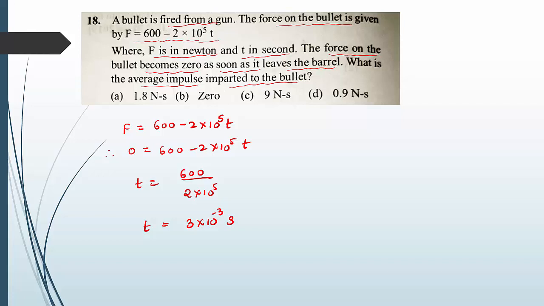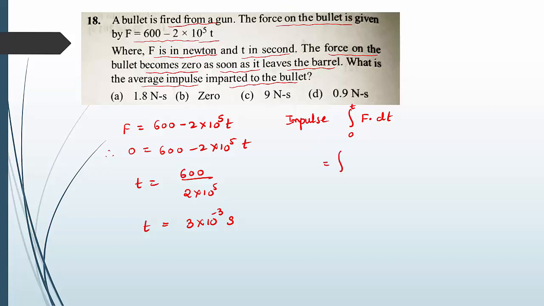But I want impulse. Impulse means force into time. Because of the variable force, I have to integrate the impulse equation. So let us write impulse, that is the integration of F into dt from the limit 0 to t. This equation we can use.